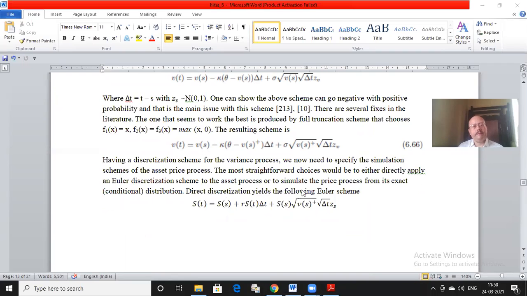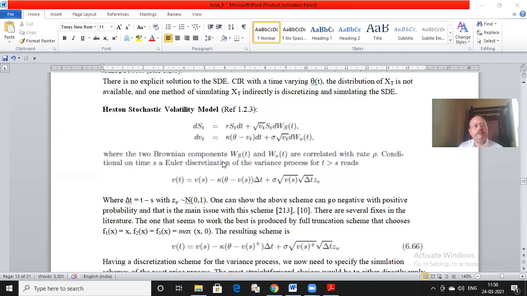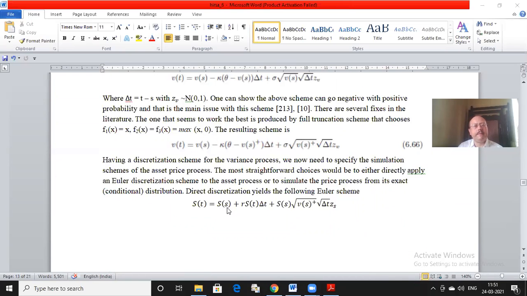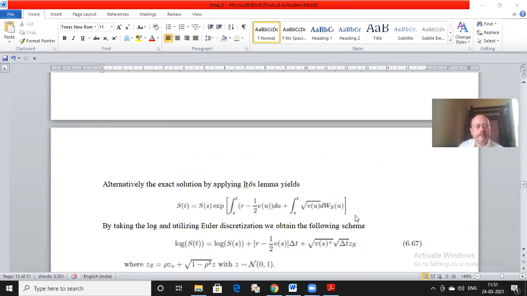And I can analytically evaluate S_t. So direct discretization, if I use it using the Euler scheme, then direct discretization will look like the following: that S_t will be S at time s, r S_s delta t, S_s same thing. So that's the Euler scheme discretization.